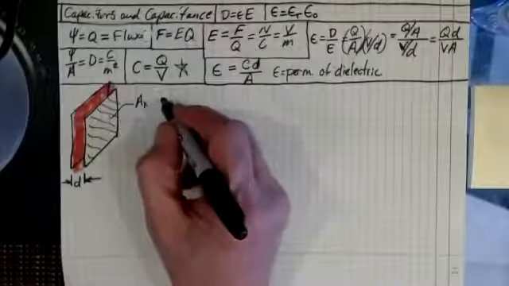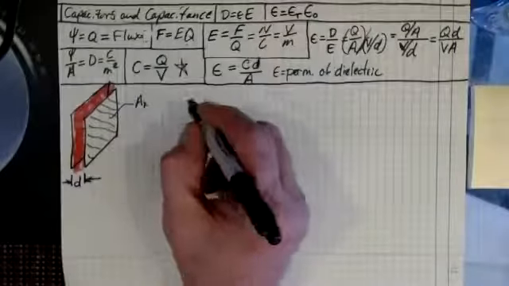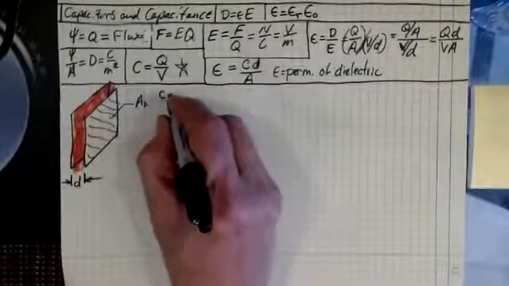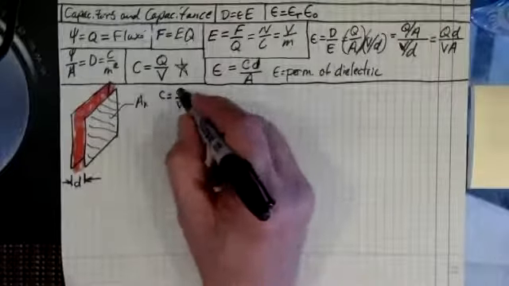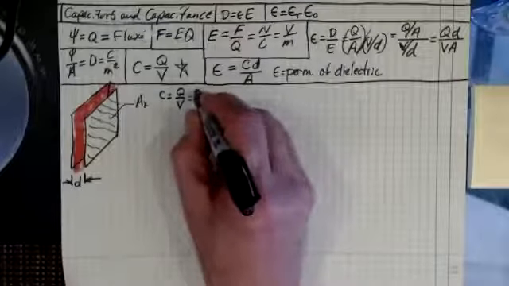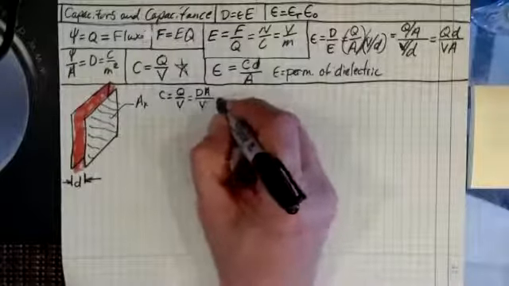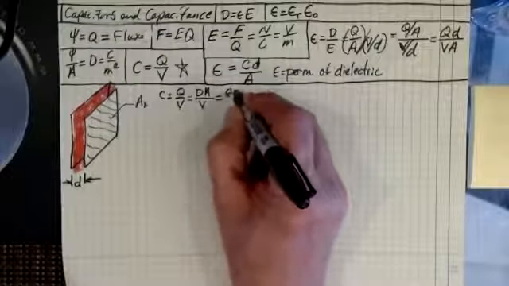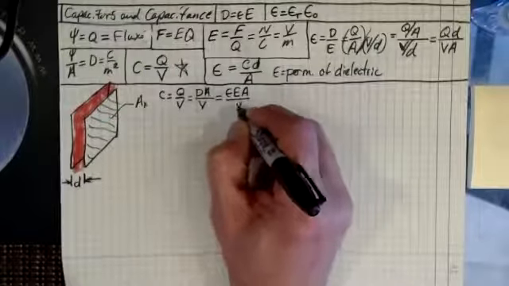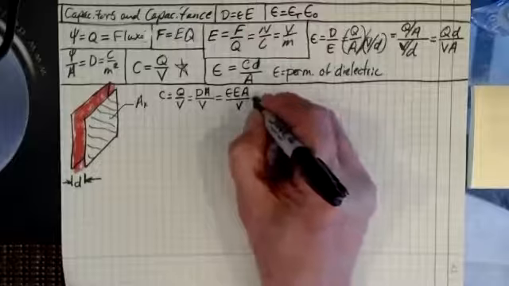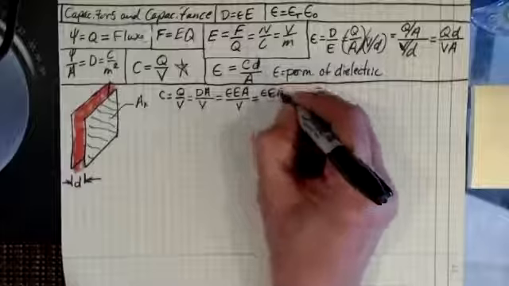Now let me derive that same relationship. If we know that C equals Q over V, what is Q? Q is just D times A, so C equals D times A over V. What's D? It's epsilon times E, so we have epsilon E A in the numerator.